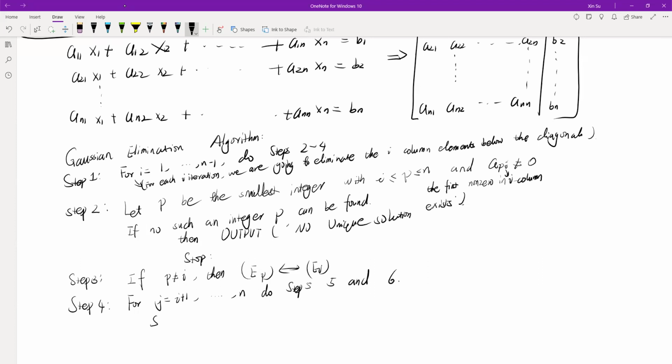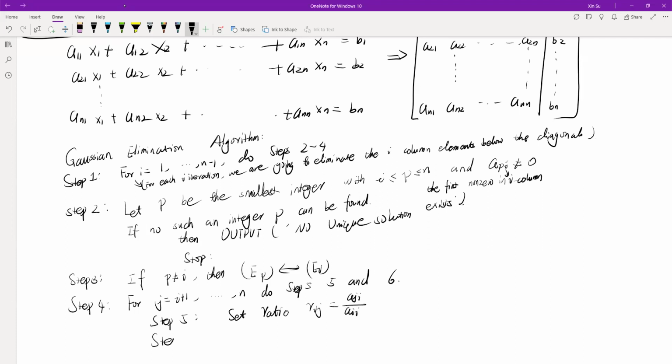For steps 5 and 6, what we do here is just the row elimination process. We set the ratio R_ij equal to A_ji divided by A_ii.